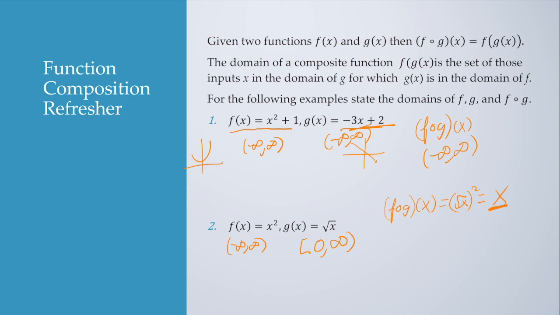And that graph is a line. And we would think normally, okay, the domain of a line is going to be all real numbers. But wait, we couldn't substitute all real numbers in to our original function. So the domain of f composed with g, because we have this restriction on the domain of g of x, is going to be from 0 to infinity.